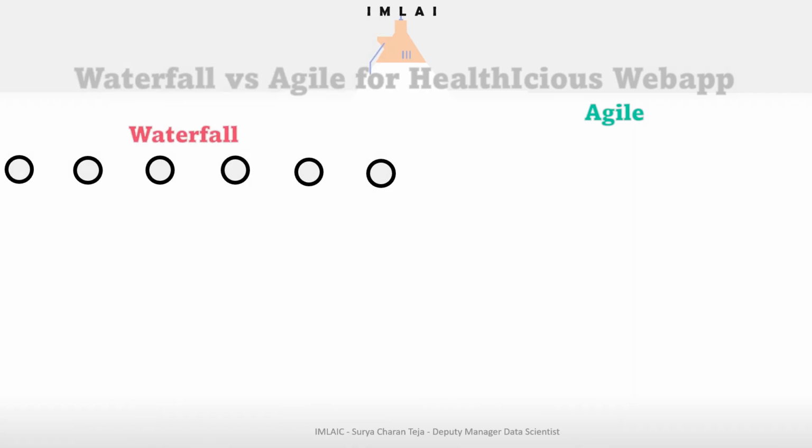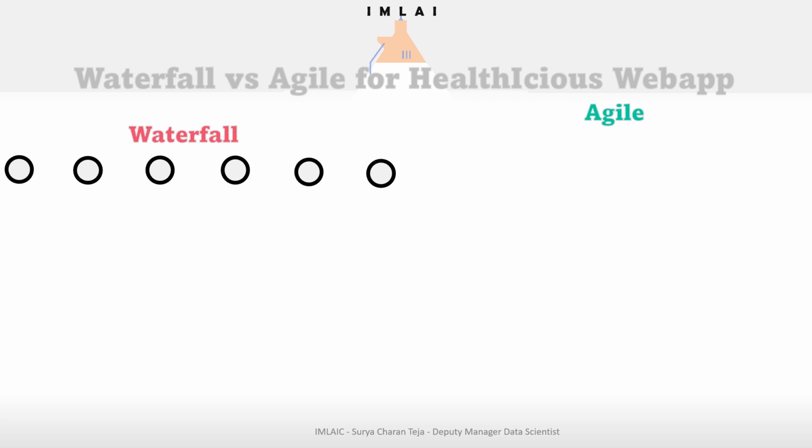So now what we will do is, let's put all the theory into practice, because now basically we will be working on the healthious web application. We have our customer. I'm explaining it to our client, so I will put all this theory, and I will compare the waterfall method as well as the agile method, and how we go ahead with these methods, and what is the process that needs to be followed for both methods.